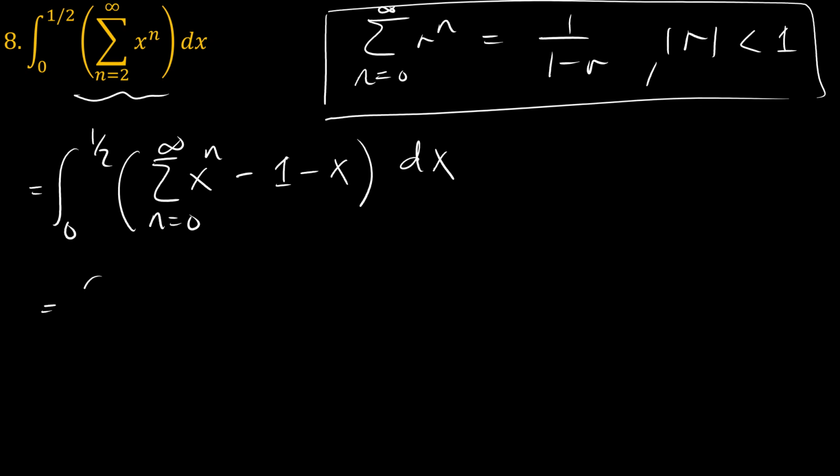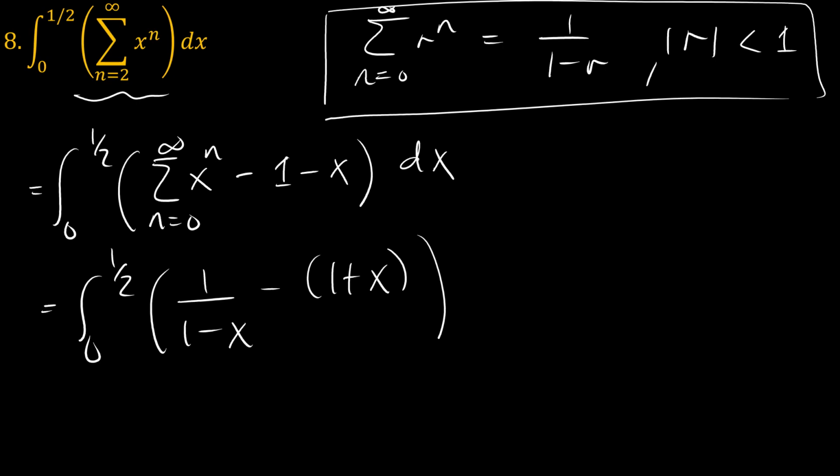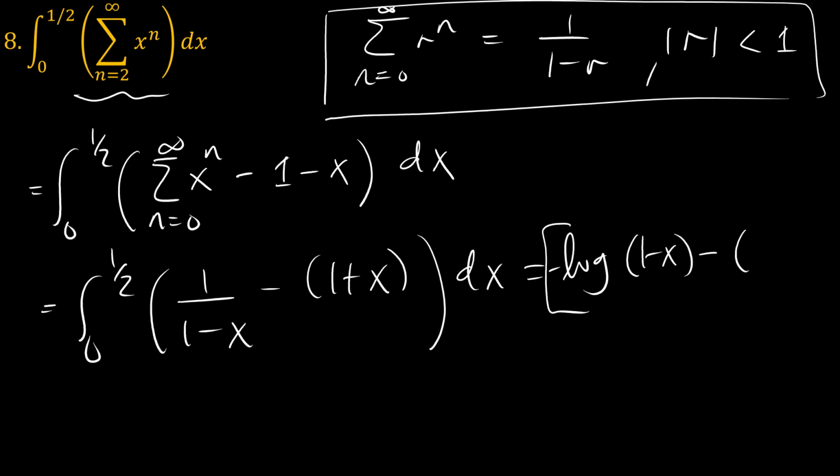So this becomes the integral from 0 to a half of 1 over 1 minus x minus 1 plus x, which is equal to negative log of 1 minus x minus x plus x squared over 2, from 0 to a half.